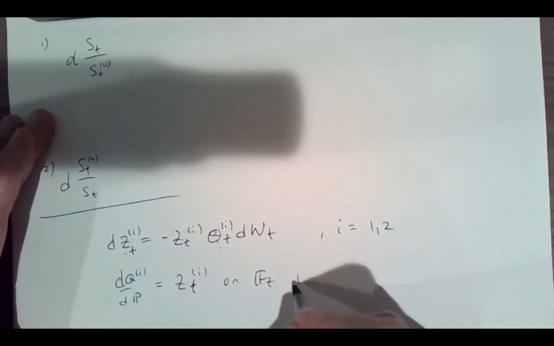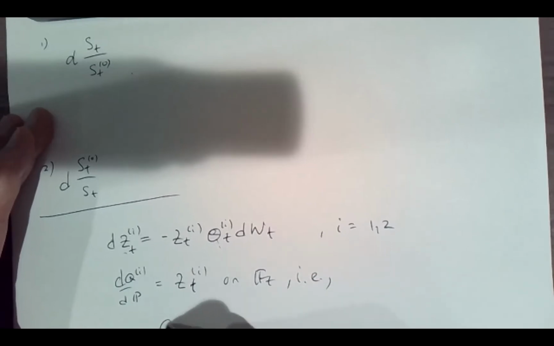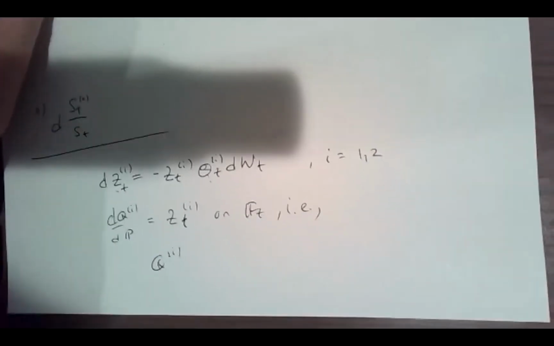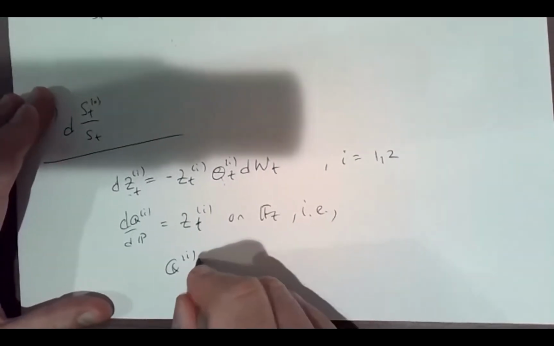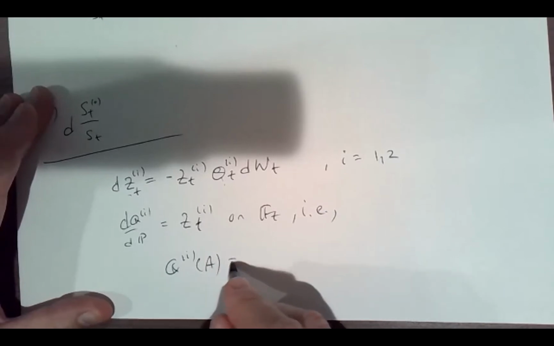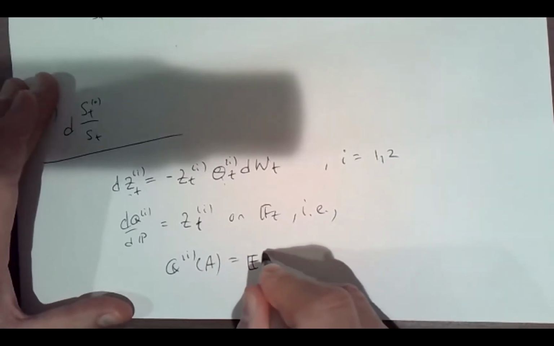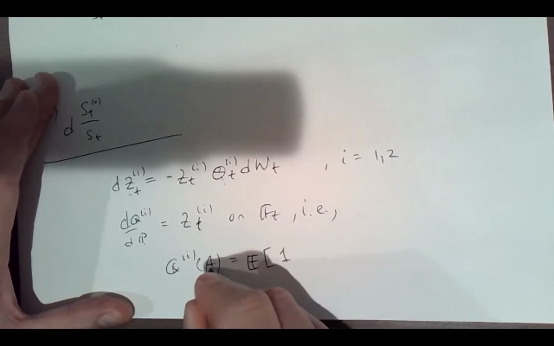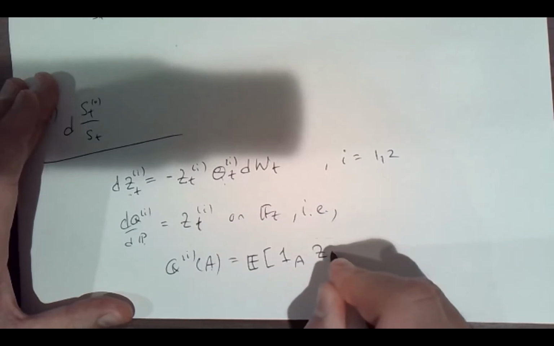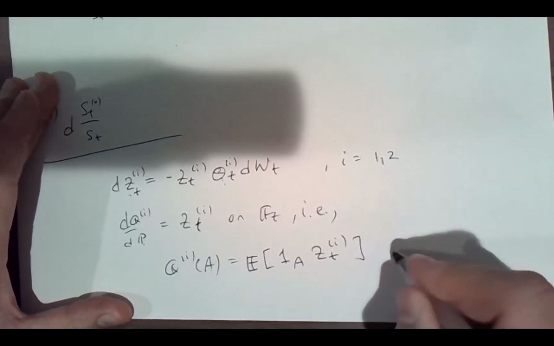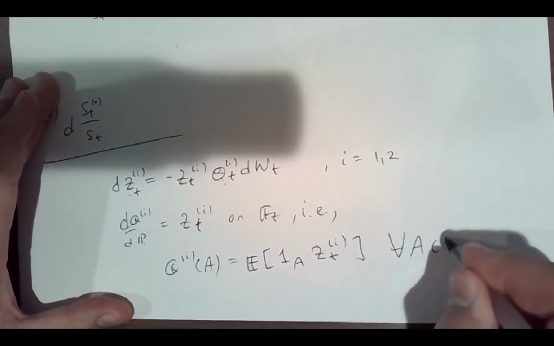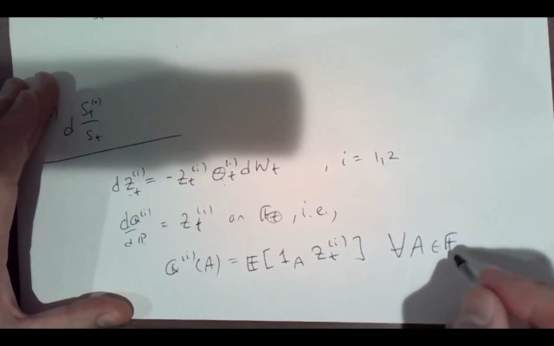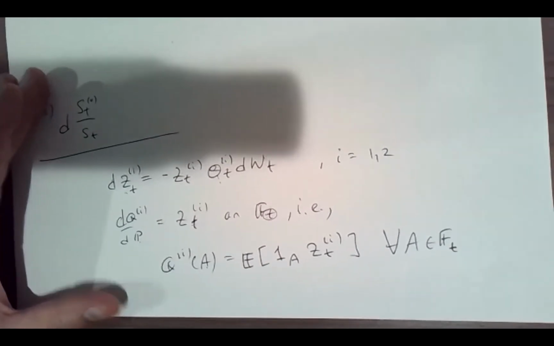What this means is if I'm looking at the probability under Q on a set A, you get that probability by computing an expectation under P of the indicator for the set A times C_T^i. This is true for any A, and this is where the T comes from.